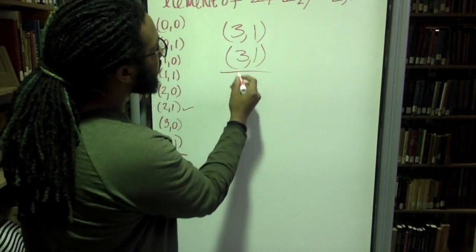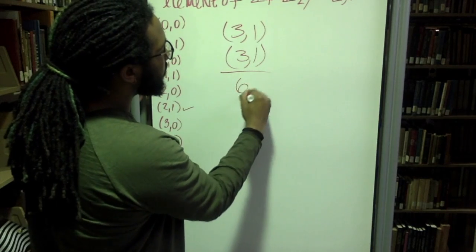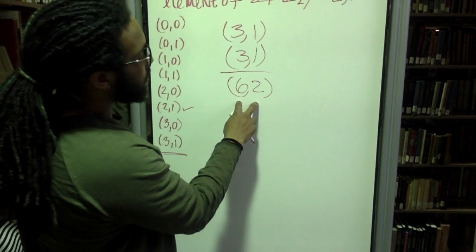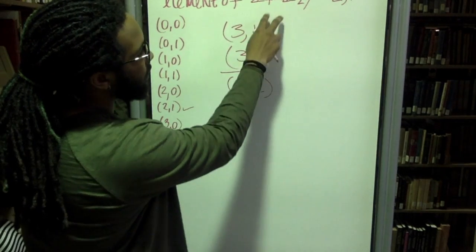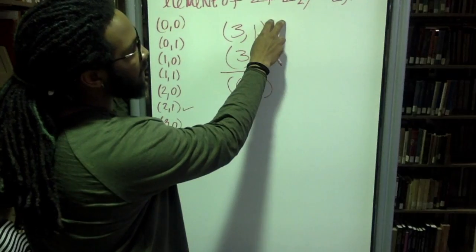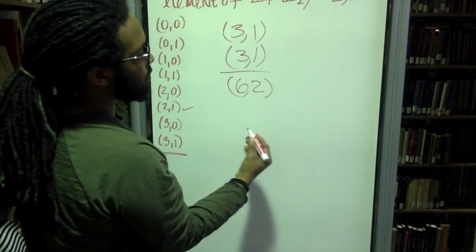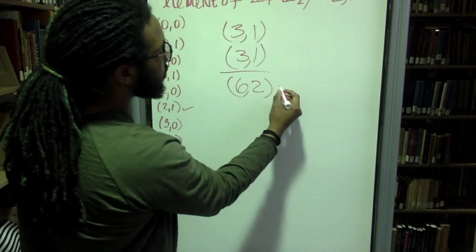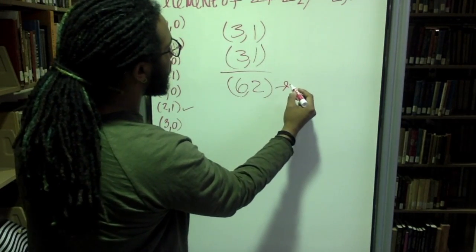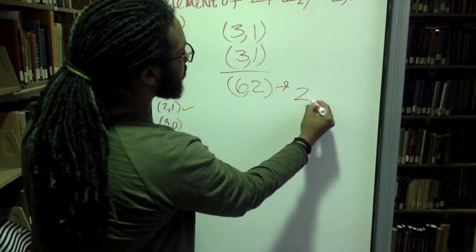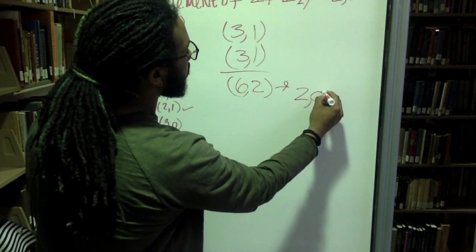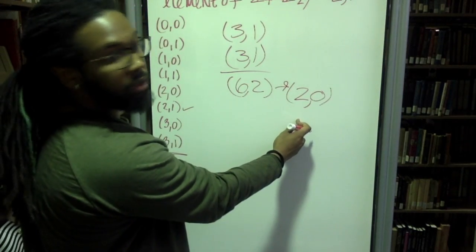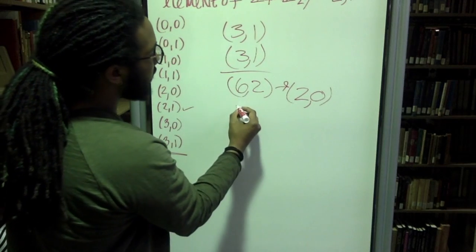(3, 1) plus (3, 1) gets us (6, 2). And keep in mind that the element has to fall under the direct product of Z4 cross Z2. So in this case, (6, 2) isn't a part of this. This translates into (2, 0). Alright, (2, 0) isn't the identity element, so we'll add (3, 1) again.